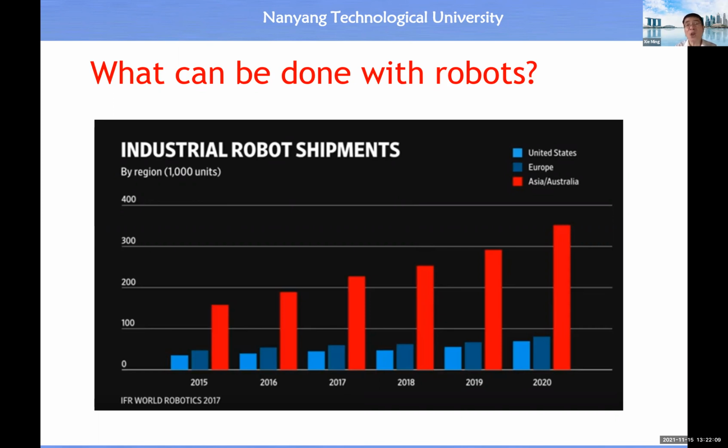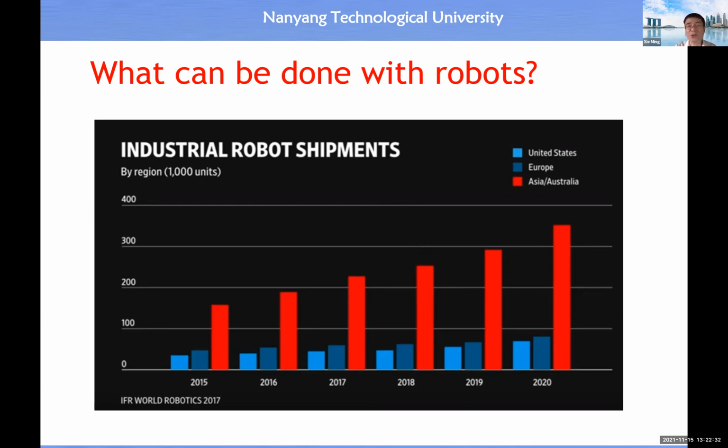So actually, robot can contribute significantly to the growth of our economy, and in particular, to the growth of industry output. This slide basically shows you the trend of deployment of a robot in industry.